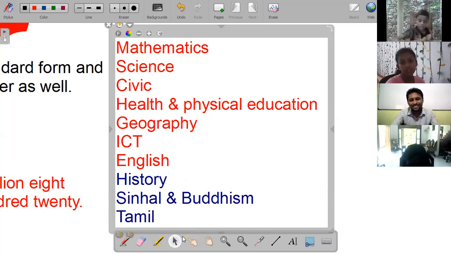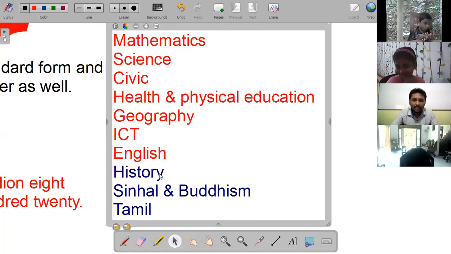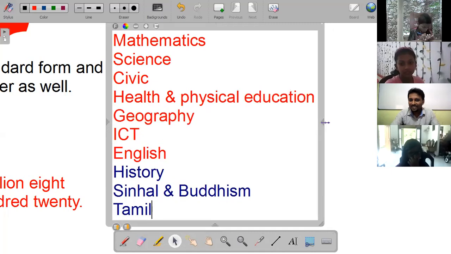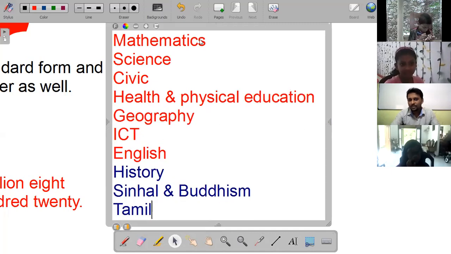You have to study Tamil in Sinhala medium. Tamil is a language. Now how many subjects did I write? 1, 2, 3, 4, 5, 6, 7, 8, 9, 10, 11. There are 11 subjects I wrote here. Those are our education subjects.